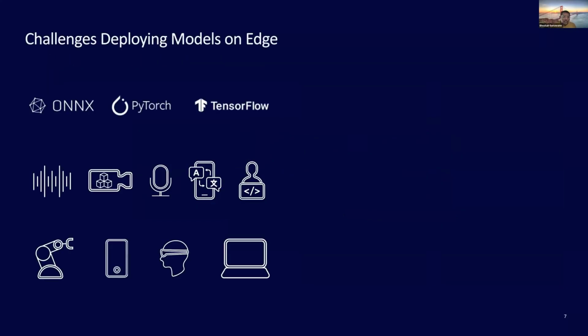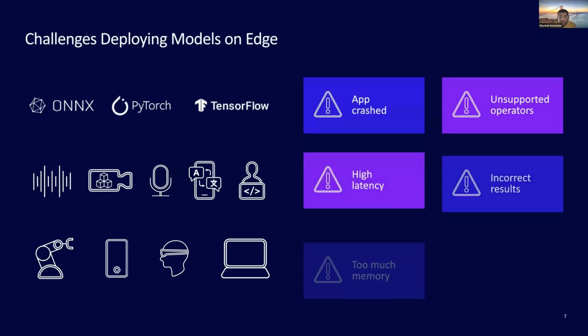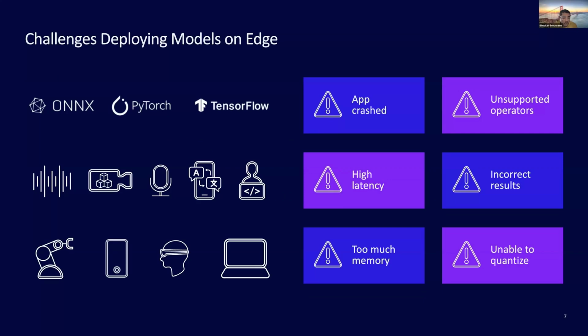So when we started, we looked into what the challenges are in deploying models on device, and most developers will start with one of these three frameworks. It could be either ONNX, PyTorch, or TensorFlow. And when developers try to use their models in their use cases, the app might crash. We looked into many ML models that are out there, for example, from Hugging Face, and 70 to 80% of the models won't even convert.